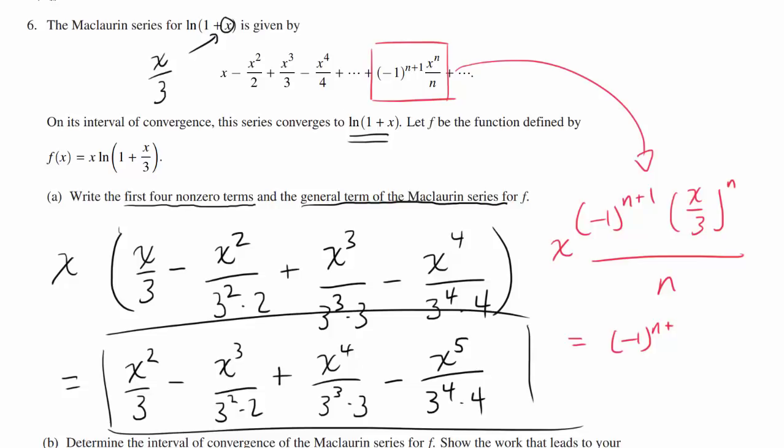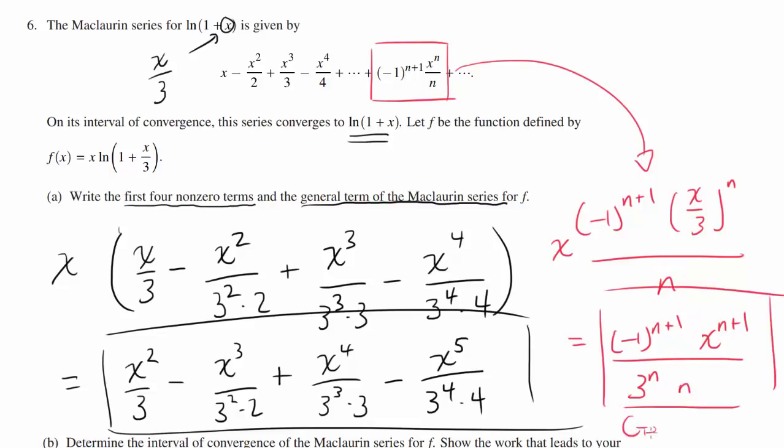So we have x to the n plus 1 power, divided by 3 to the nth power, and we have an extra n residing at the bottom. So this is the general term. So that's the answer to number 1.